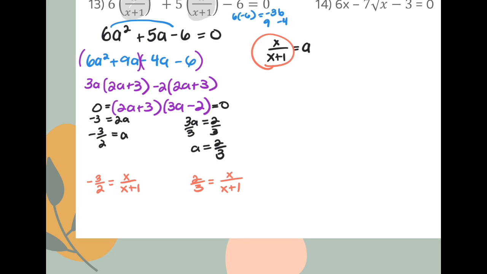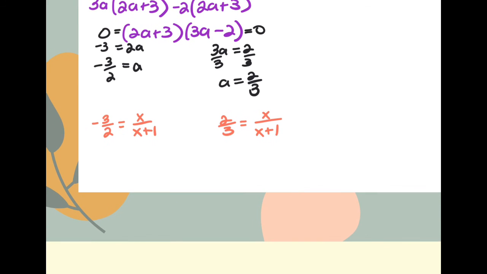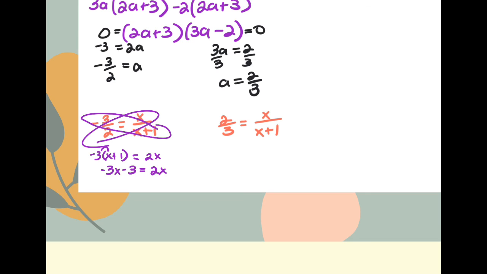And then from here, we cross multiply, which is the easiest way to solve these. -3 times (x plus 1) equals 2 times x. Distribute the -3. Add the 3x. -3 equals 5x. And divide by 5. x equals -3/5.